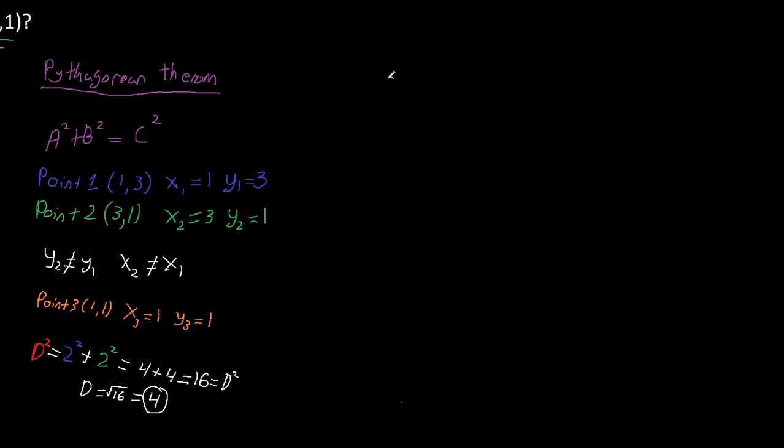So let's do c squared equals a squared plus b squared. This is the Pythagorean theorem that we already had. This is the generalized equation. The first thing that we might want to do is figure out what we're looking for. c in this case is our distance.